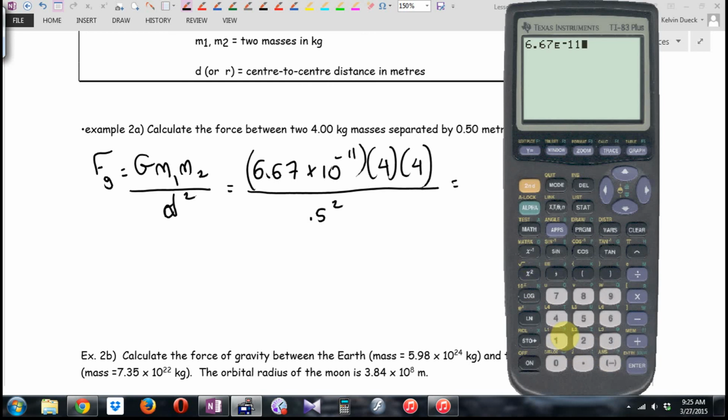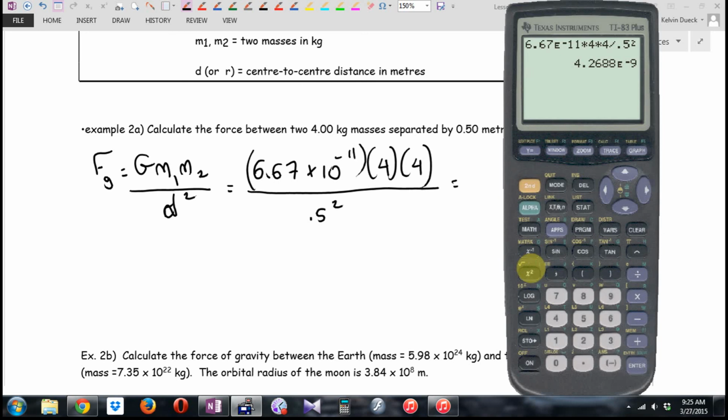Negative 11. And then times 4 times 4 divided by 0.5 squared. You're probably going to get an answer back in scientific notation because gravity is really, really small. It's weaker than weak. It's several trillion times weaker than magnetism and electricity. You get 4.3 times 10 to the negative 9?